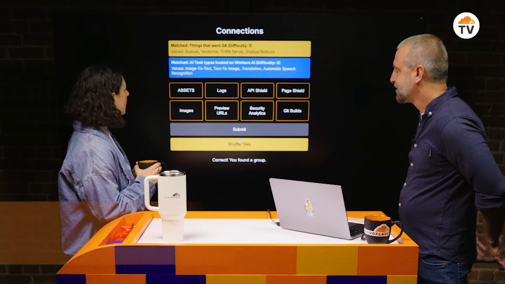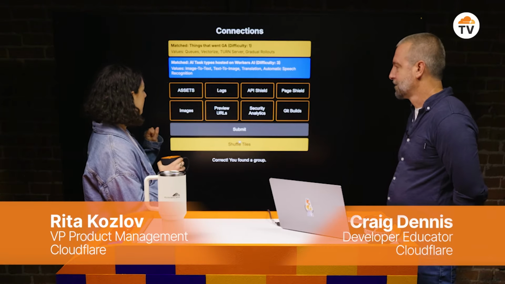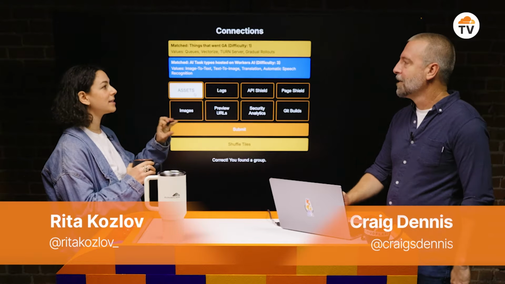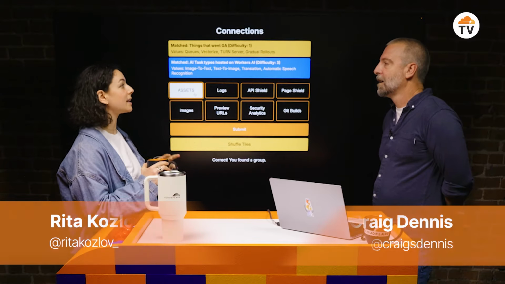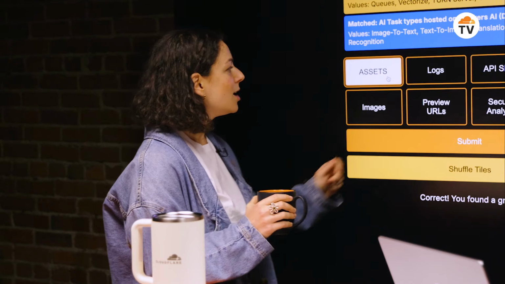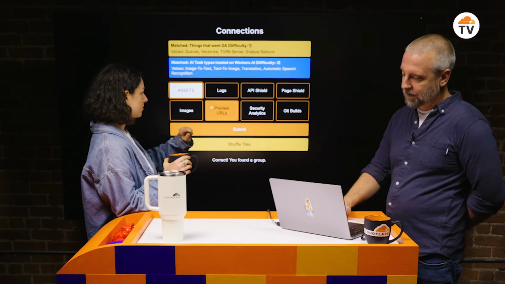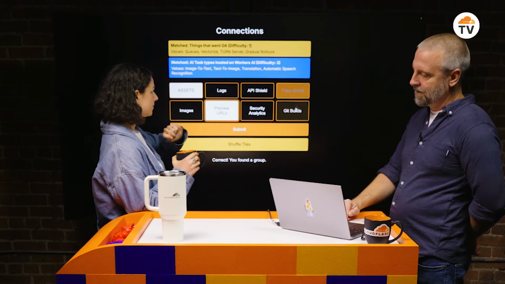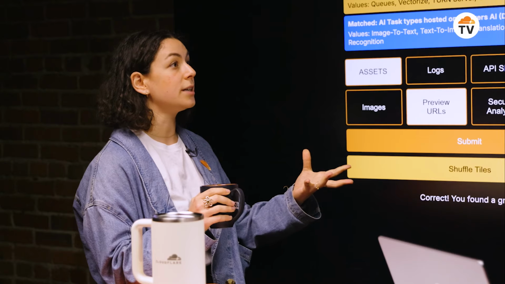Okay, let's see. We have assets. That feels to me like something that has to do with static site hosting, and very Pages-type capability. We have preview URLs. We have Git builds. What is that? That's the ability to run CI/CD.